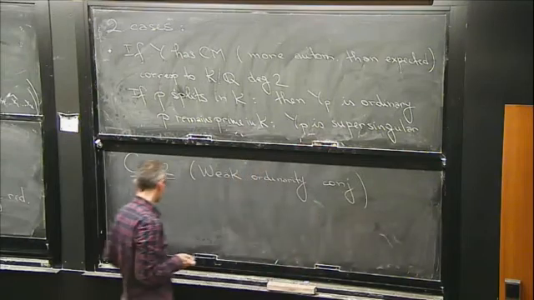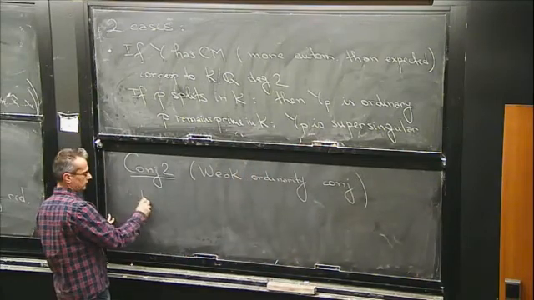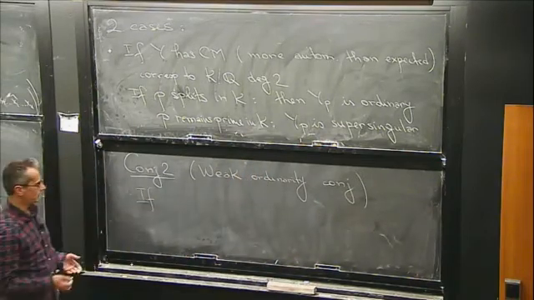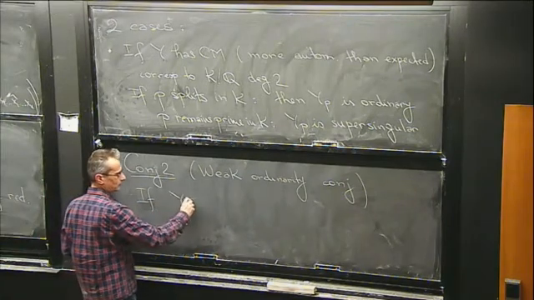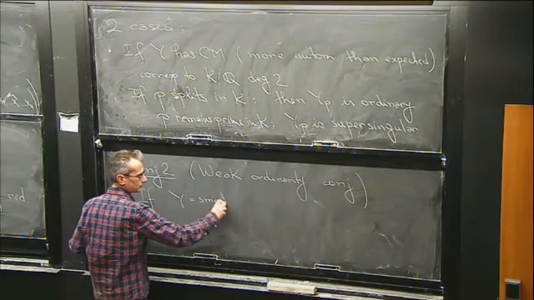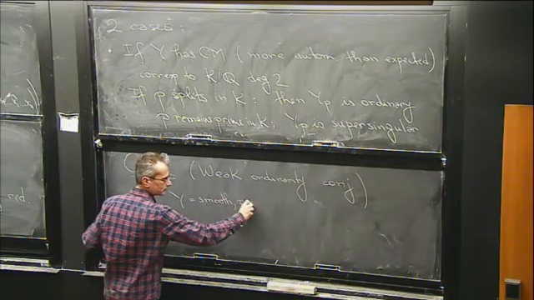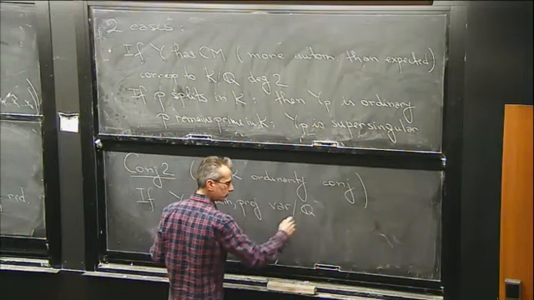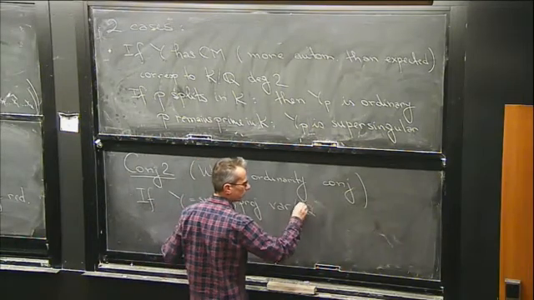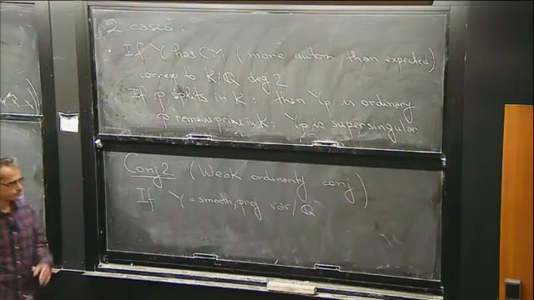So now maybe I should use a different letter. Let's say Y is a smooth projective variety over Q, or let's say Q bar. I think it's better.